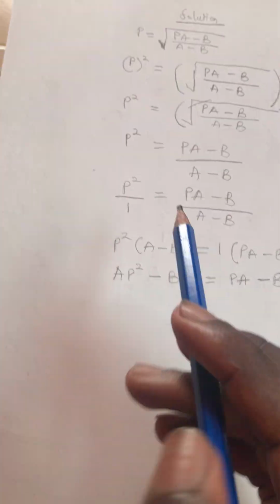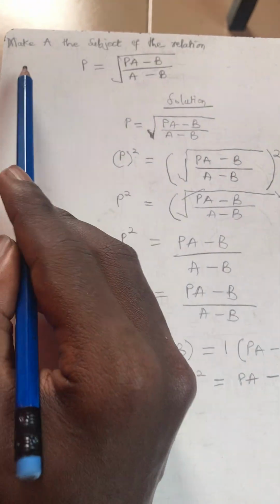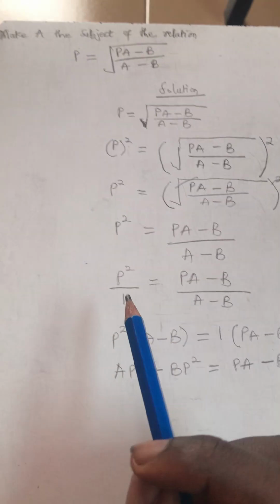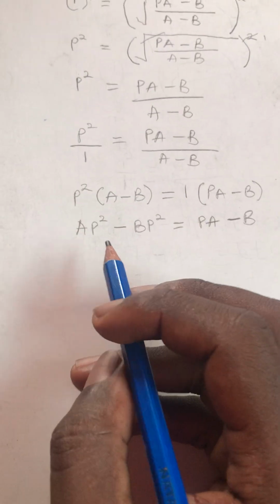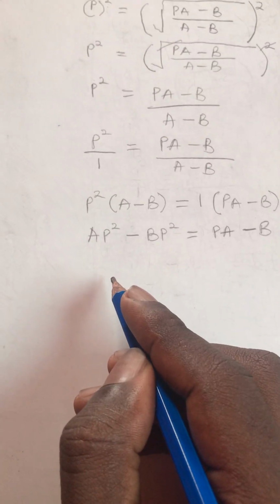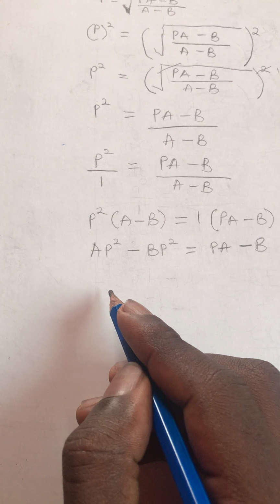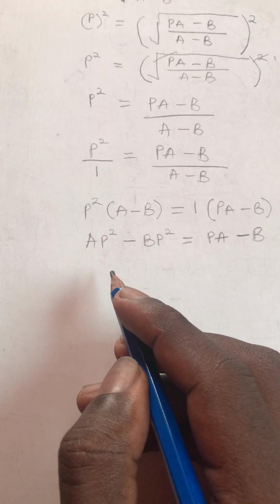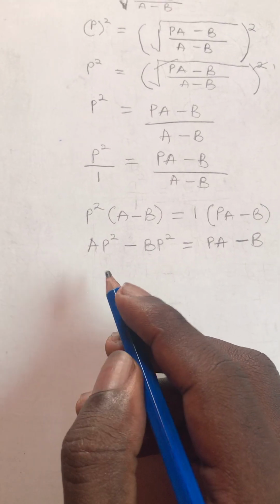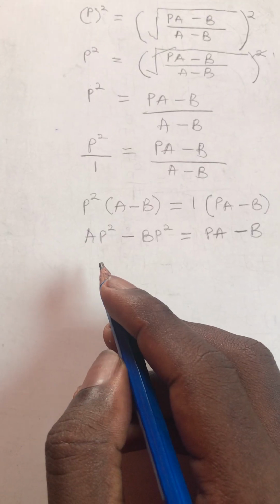And based on the preamble of our question, we're tasked to make A the subject of the relation. So we have to group like terms, right? So we group those with similar terms at one end and those without at the other end.